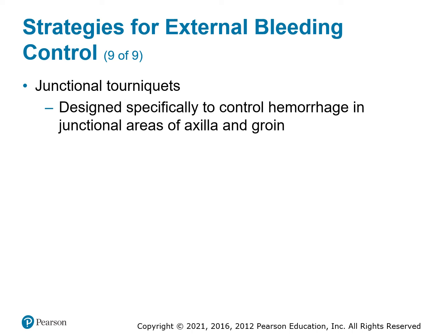Obviously, the other junctional area would be your neck, but it wouldn't be a good idea to put a tourniquet on anybody's neck ever. So these are specifically designed for the shoulder armpit area and the groin pelvis area. If your department, wherever you land, ends up having them, again, it just falls back to knowing the equipment you have, understanding the manufacturer's instructions, and when to apply it, follow your protocols.